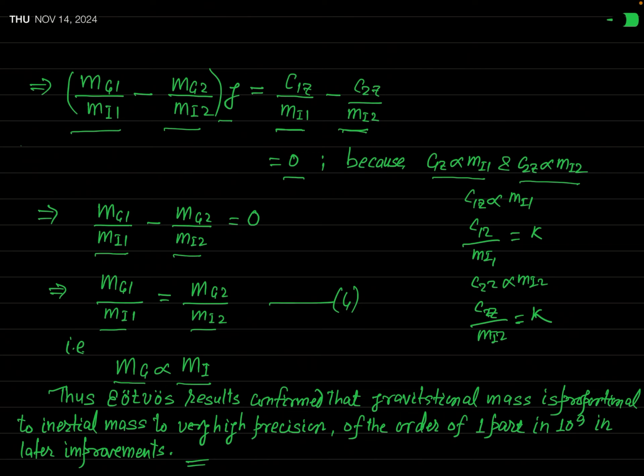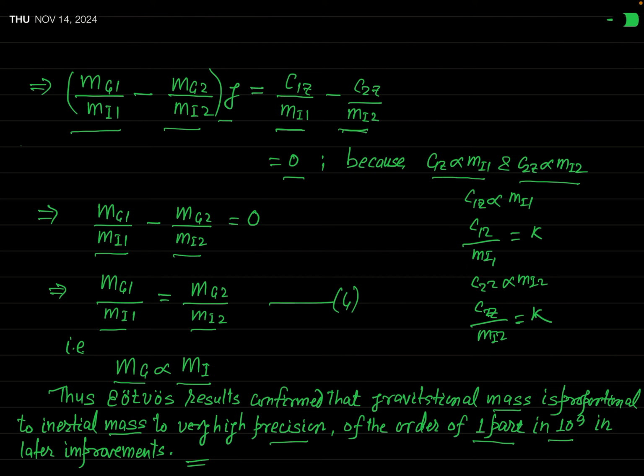So finally you can see that Eotvos results confirm that gravitational mass is proportional to inertial mass to a very high precision, of the order of 1 part in 10 to the power 9 in later improvements.